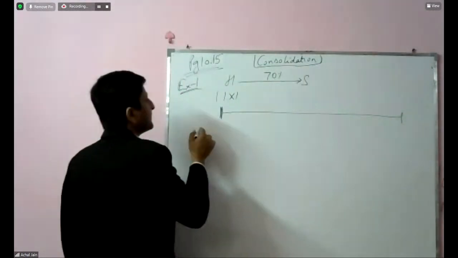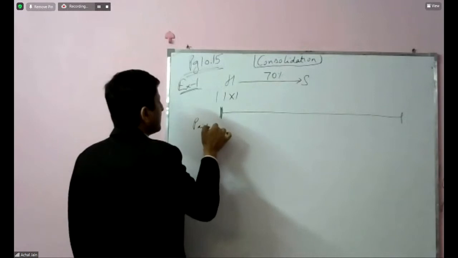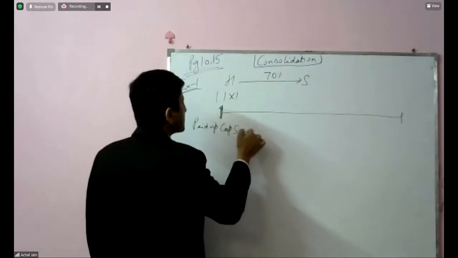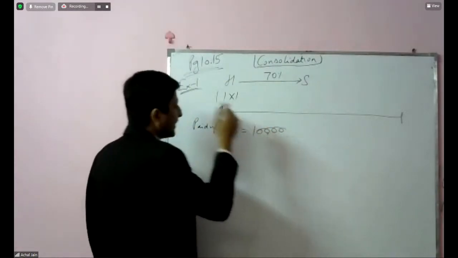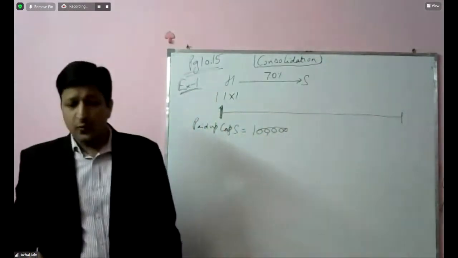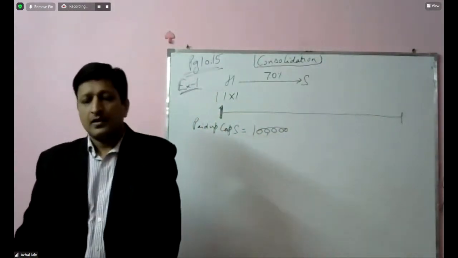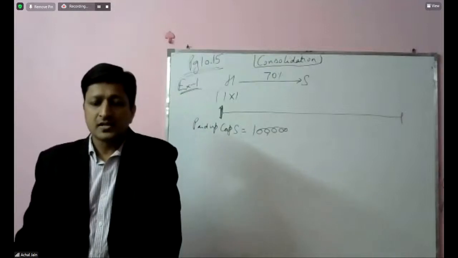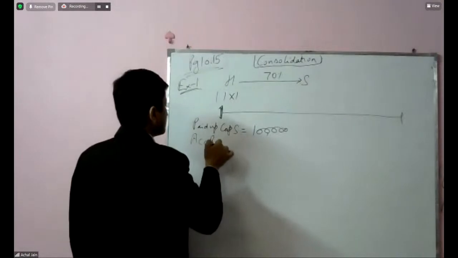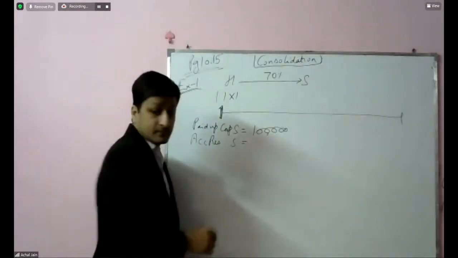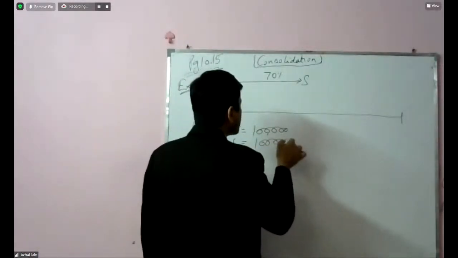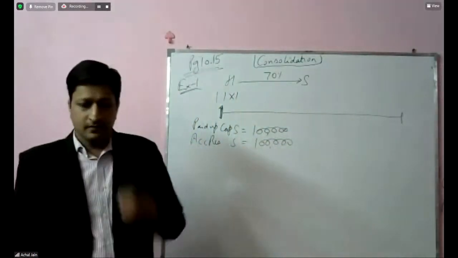On this date, paid up capital of S was 1 lakh. Correct? Paid up capital of S was 1 lakh. Accumulated reserve balance of S was 1 lakh. This was also 1 lakh.